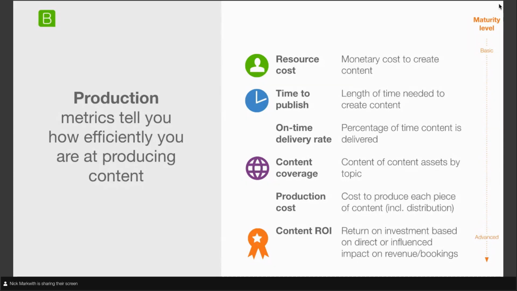But part of this is a setup for going into ROI, as you'll see at the very bottom. But this is all around the goal of 2 things: telling you how efficiently you are at creating content, and therefore how many resources are needed to produce each piece of content. The other part is also just managing production.